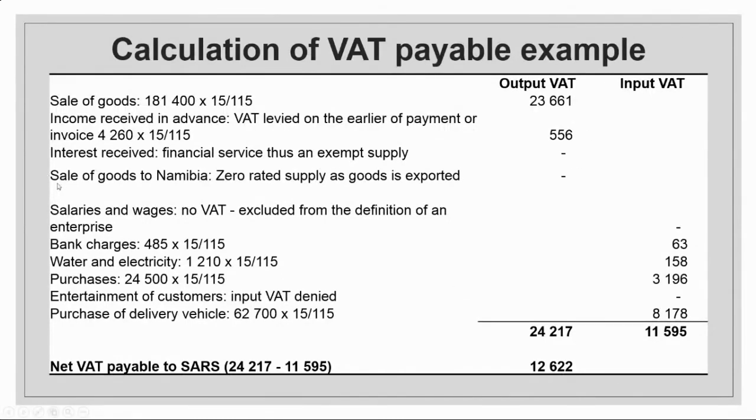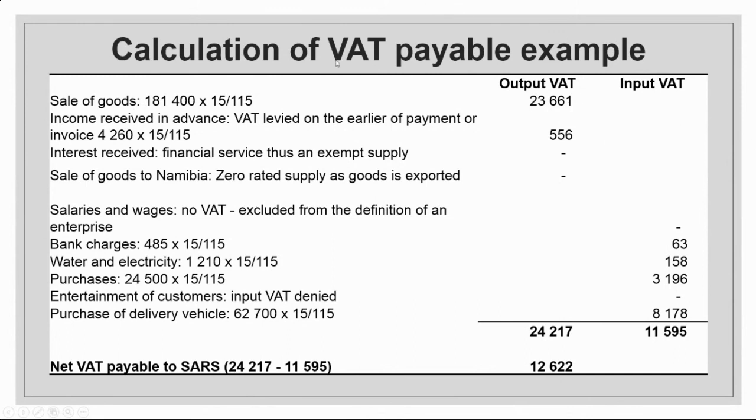So if you want to do one column, you would put in here at the bottom total output VAT and sum it, and then here you would say total input VAT, sum it, and then just do the same calculation at the bottom. The reason they suggest two columns is just so that it is clear whether it's output VAT or input VAT and you don't mix it up. It just helps you see the different information more clearly.